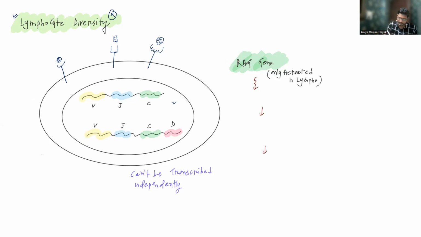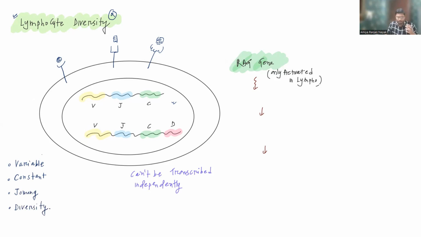These gene clusters of the lymphocyte receptors can be named V, J, C, and D. V means variable, C means constant, J means joining, and D means diversity.